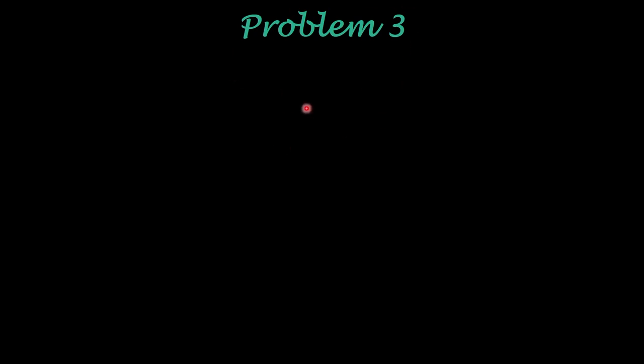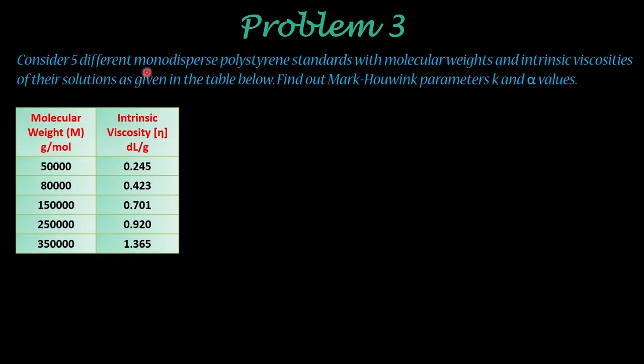This is the problem related to viscosity average molecular weight. Let's consider 5 different monodisperse polystyrene standards with molecular weights and intrinsic viscosities of their solutions as given in the table below. Find out Mark-Houwink parameters K and alpha values. So here are the molecular weight and intrinsic viscosity of 5 different standards.